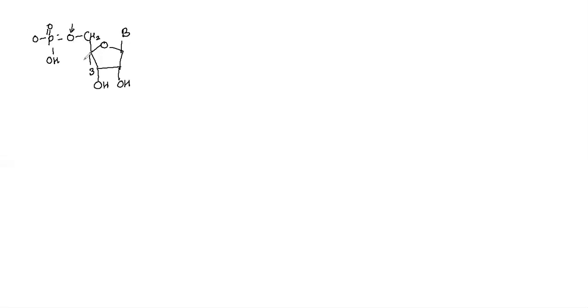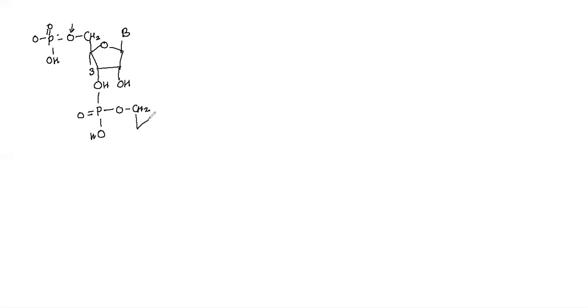So we will make the next molecule. Here is the connection with the next phosphoric acid molecule in the next unit. So we have double bond O, OH, O, CH2.